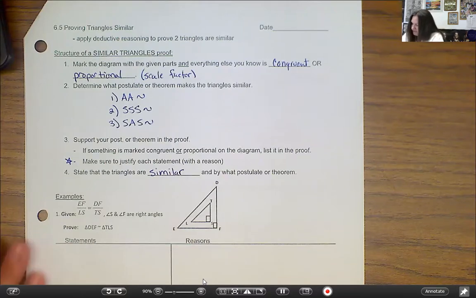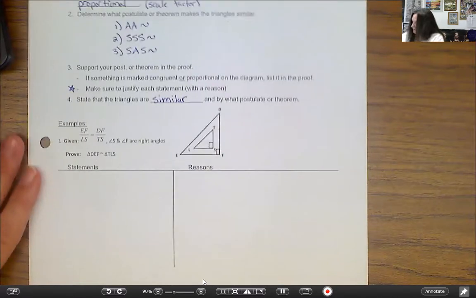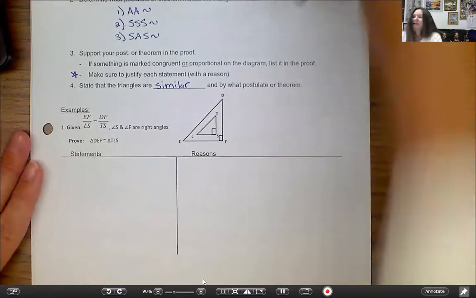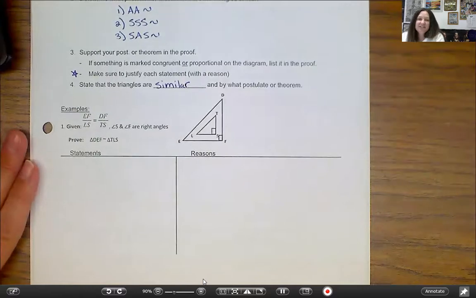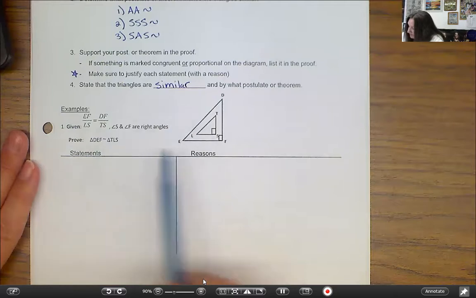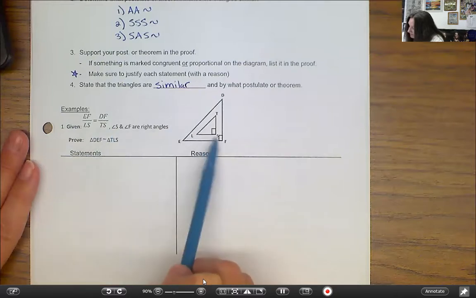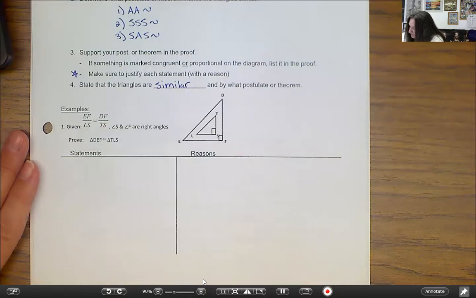So if we were to take a look at proof number 1 here. Again, start with the diagram itself and mark what we know to be true. We have that angle S and angle F are right angles. So I got those right angles marked.